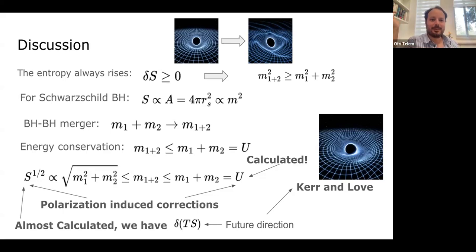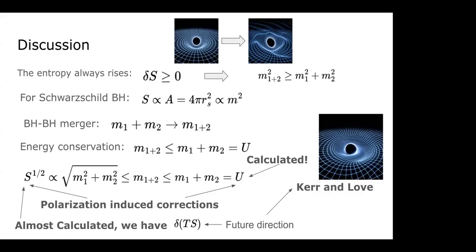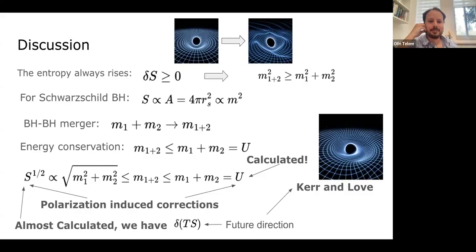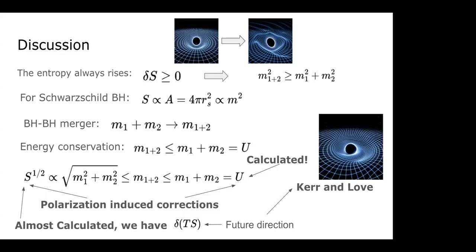So it's a small effect, but maybe there's sensitivity in it. This is 5PM, and even the calculations of the standard case without love numbers are only now reaching 5PM. So it's really a major challenge.